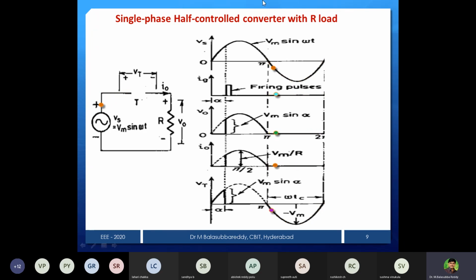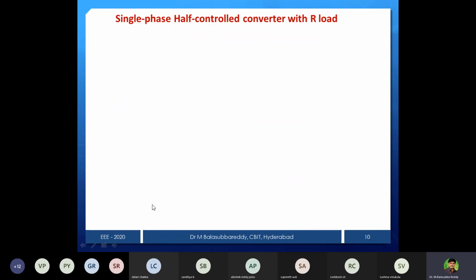Because you can see at this point, for the voltage across the device, one terminal is directly connected to the source, and the other terminal is also connected to the source through the resistor. So the voltage across that device is the same as that of the source voltage. That's why after pi we will get it the same as the source voltage.